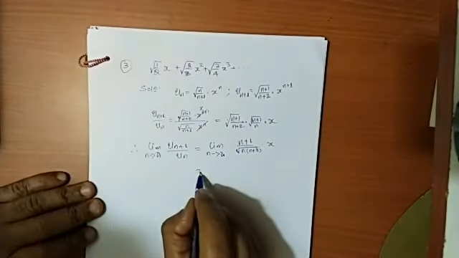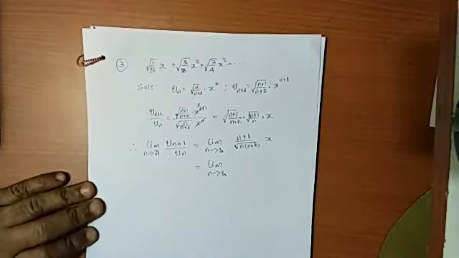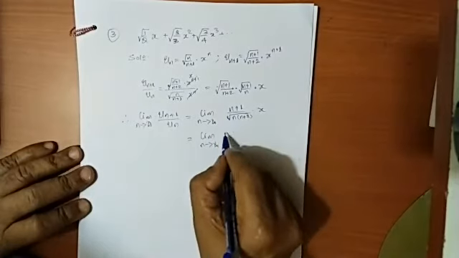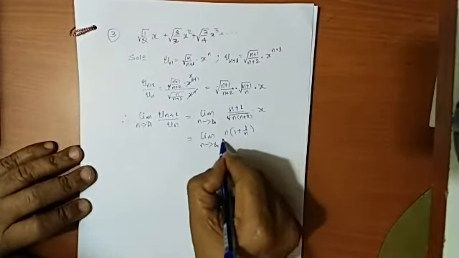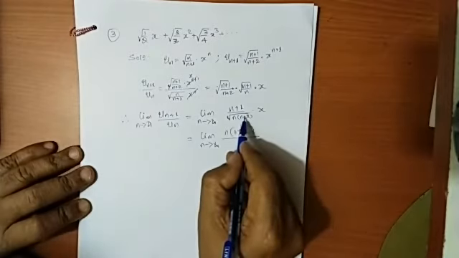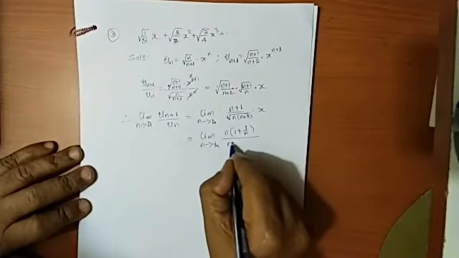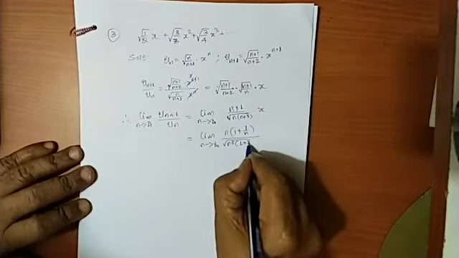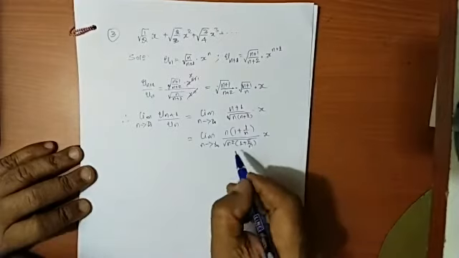So this will be equal to limit as n tending to infinity. What should I do? I should take n outside. So n times 1 plus 1 by n, divided by, in the second term I take n outside, so this will be n squared under root into 1 plus 2 by n into x, right?